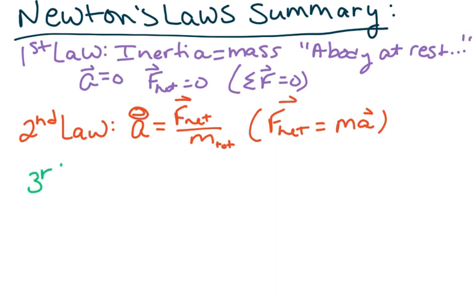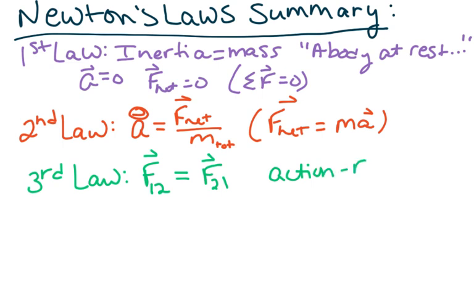All right, third law. The third law was action-reaction pairs. So the force on object 1 by object 2 must be equal to the force on object 2 by object 1. Remember when you're doing third law that there were 3 rules for that.